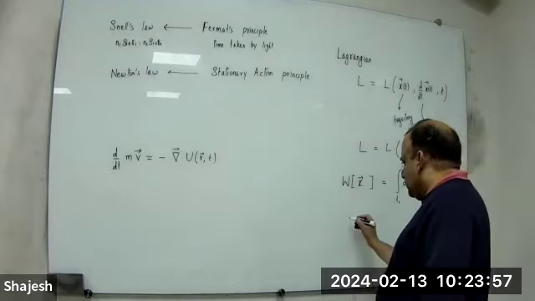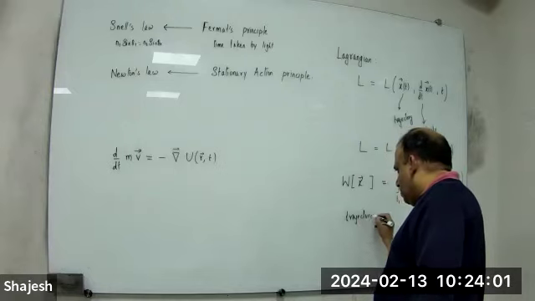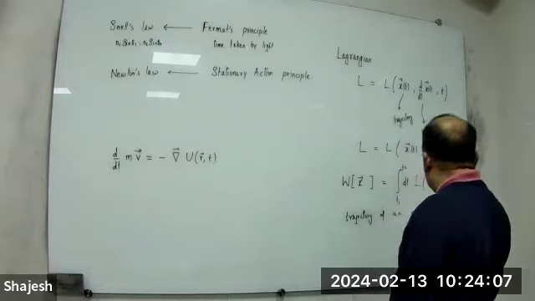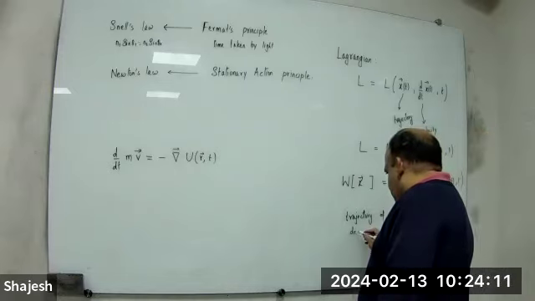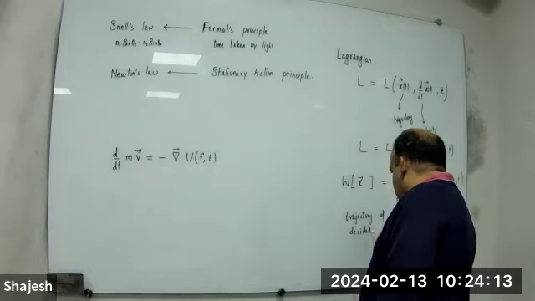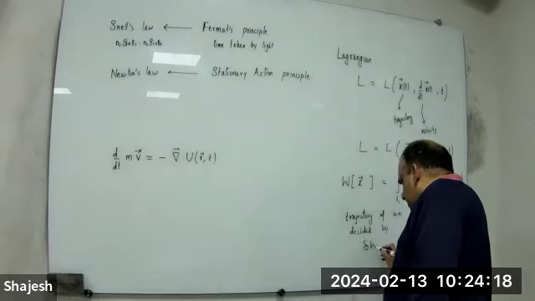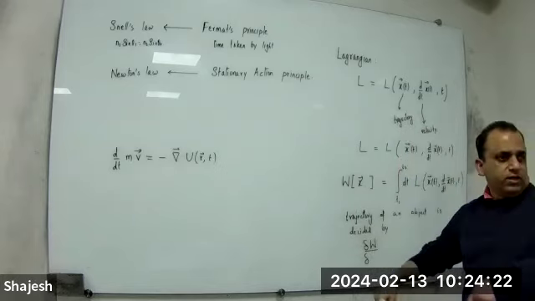So the trajectory of an object is decided by a minimization principle. So change the action with respect to all possible trajectories, right?